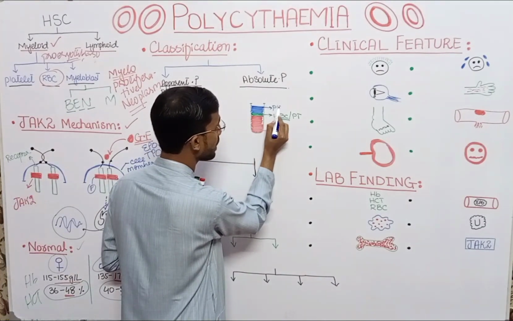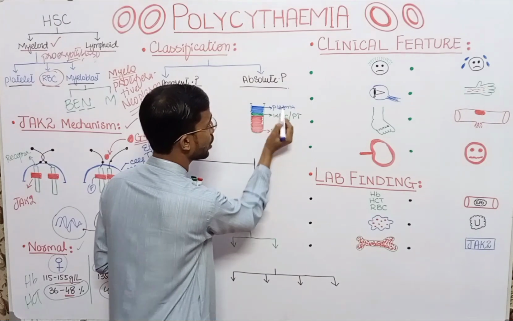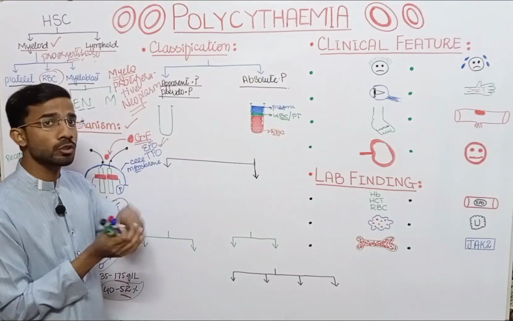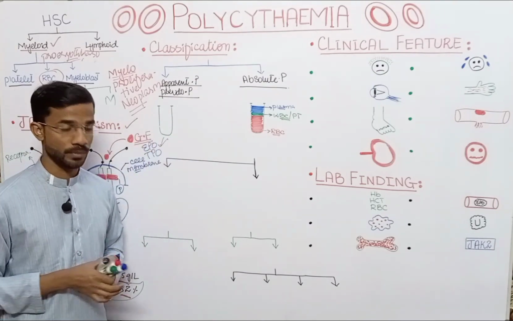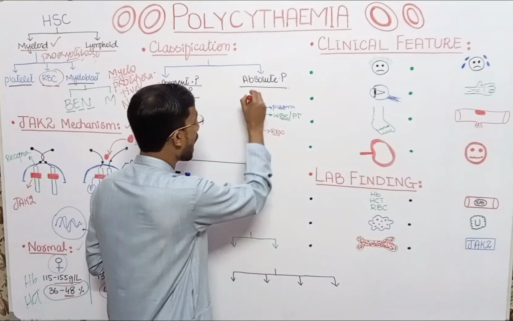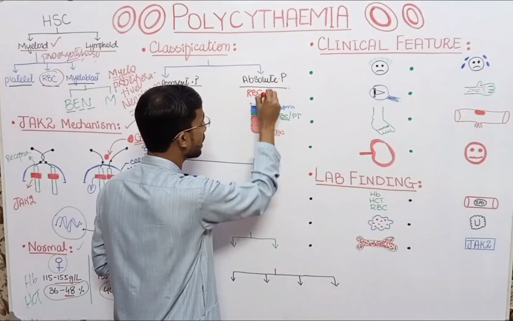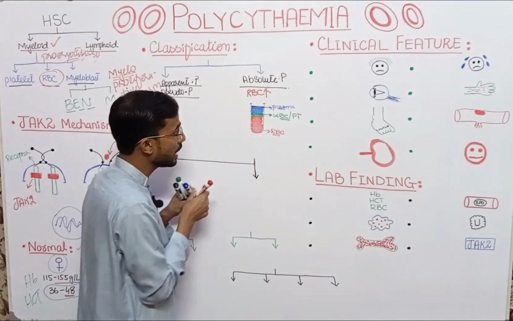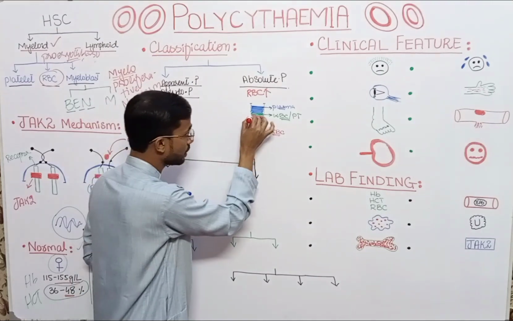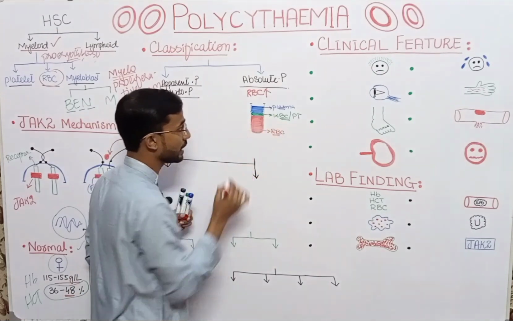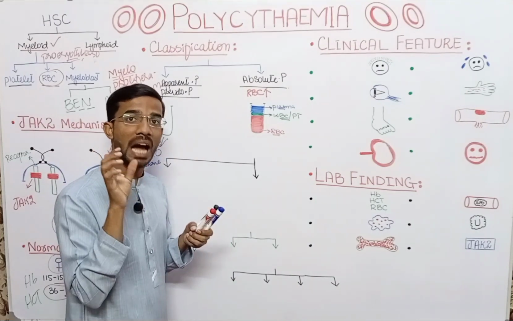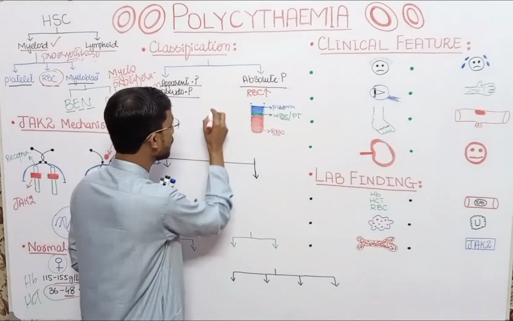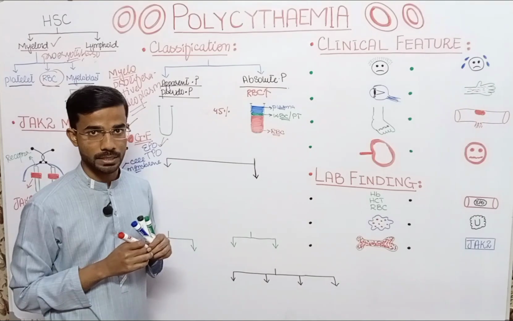In absolute polycythemia, the actual number of RBCs increases. Normally the hematocrit, the percentage of RBCs, is about 45%.